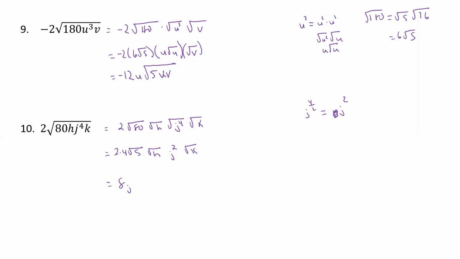Then we have a j squared outside, and then we have the square root of everything here, 5hk. Okay. And so that's going to be our final solution. And again, breaking down each individual piece, and then once we get them all simplified, we can put everything back together, multiply as needed, and we have our final solution.